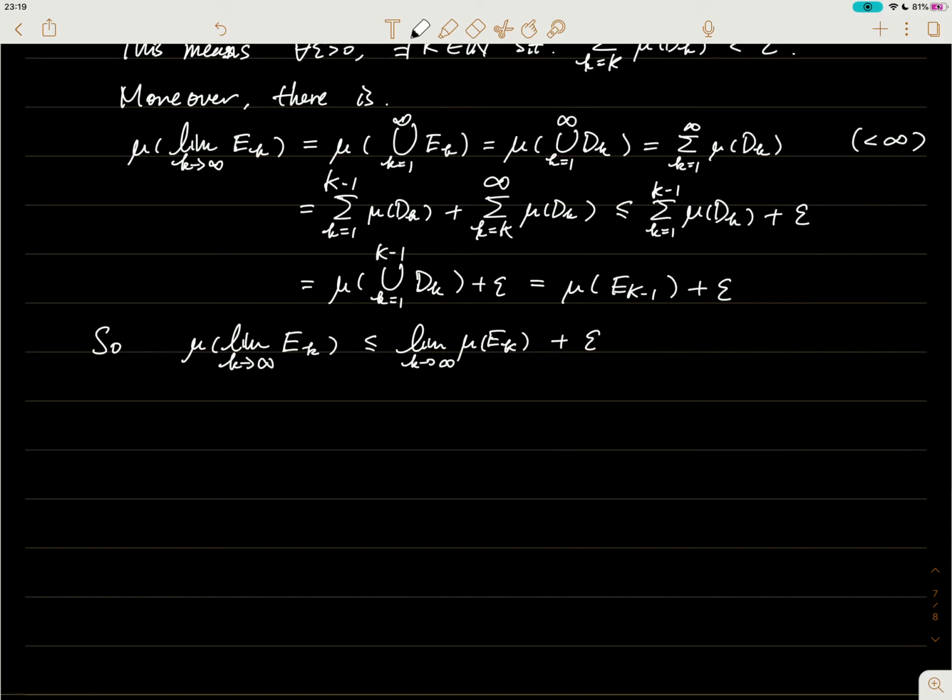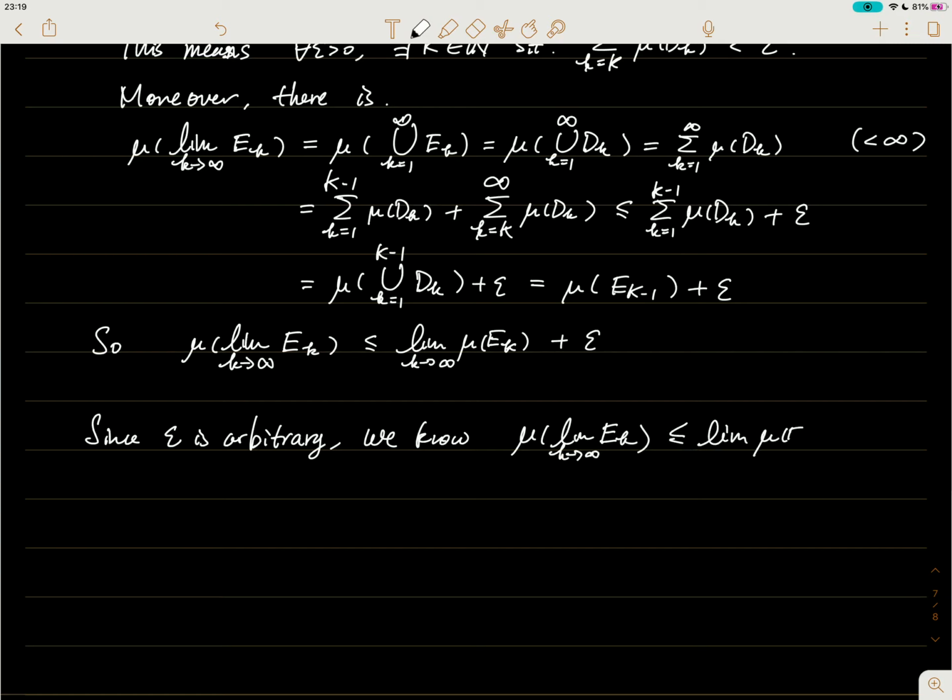Okay, for any epsilon we can show this, and this implies that the left-hand side, mu of the limit of the sets, is less than or equal to the limit of the mu of Ek.